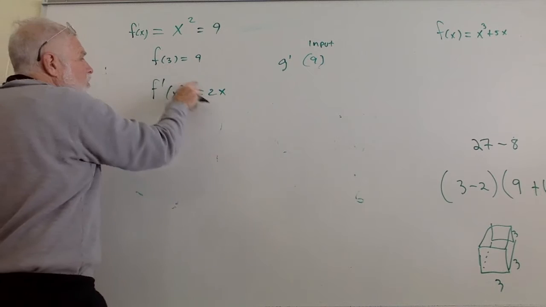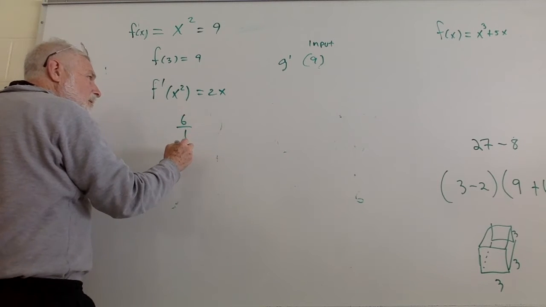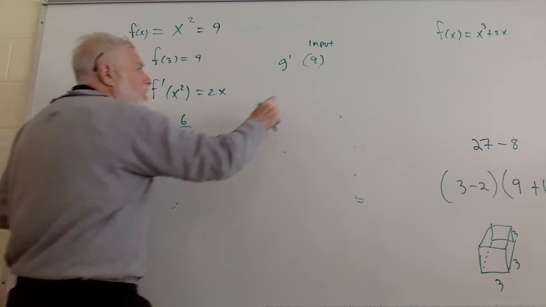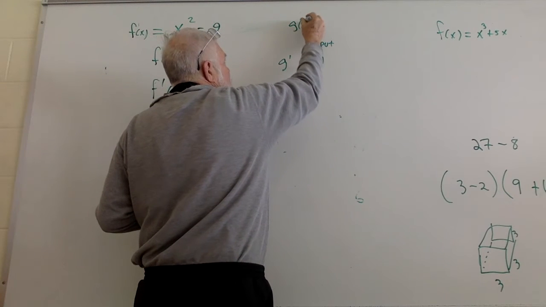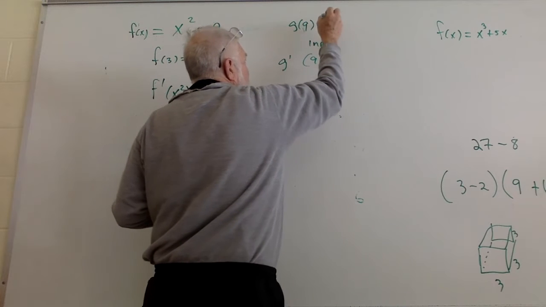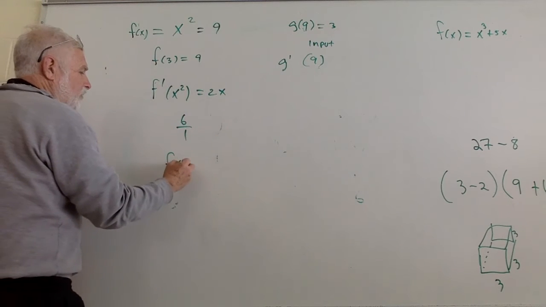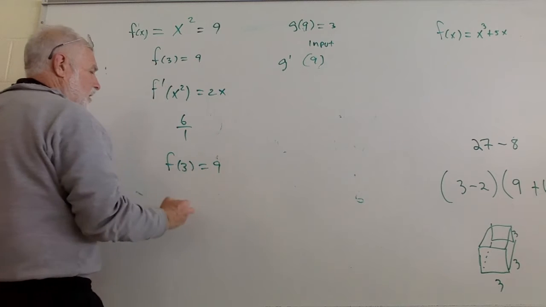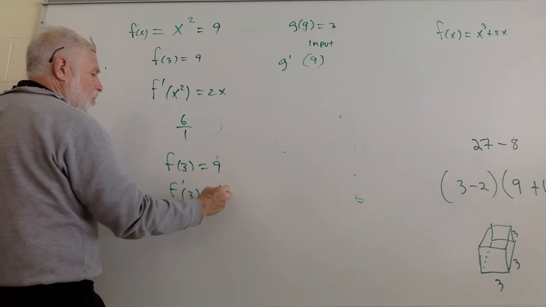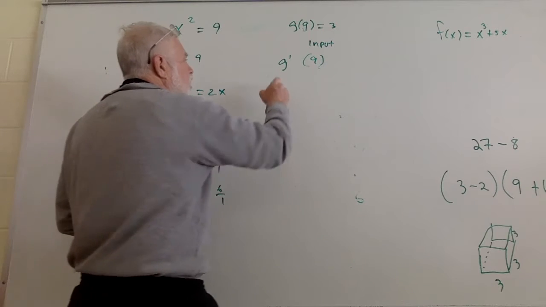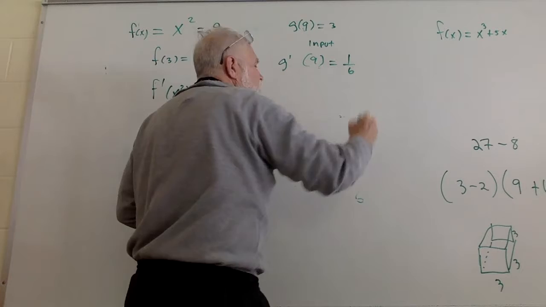Oh, and I know that 2 times 3 is 6 to 1. Well, then I know that over here, g of 9 gets me 3. And over here, f of 3 gets me 9. And f prime of 3 gets me 6 to 1. Then over here, I now know that g prime of 9 gets me 1 to 6.